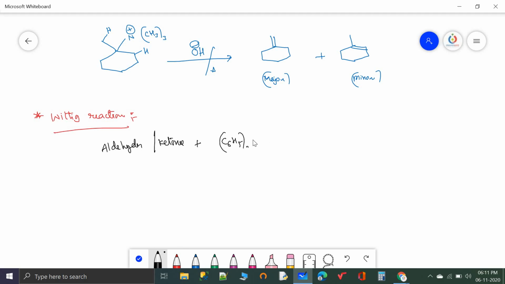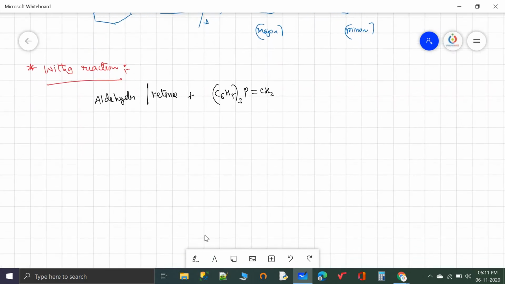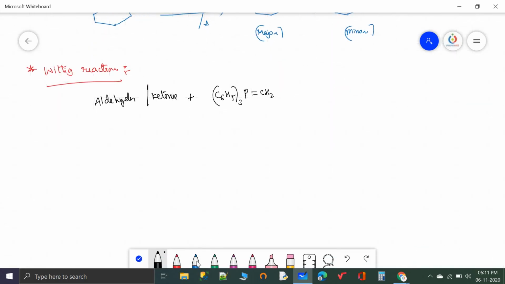triphenyl phosphine with CH2. I have to discuss certain things about this Wittig reagent. This part is called the alkylidene part.